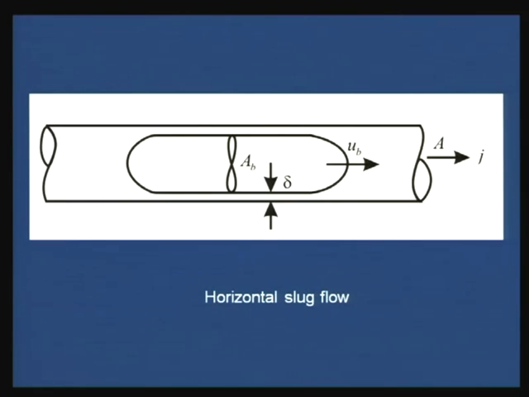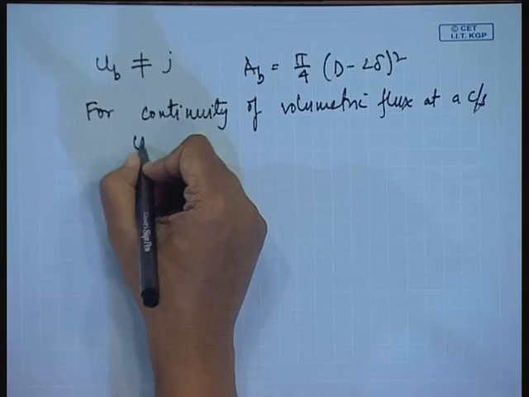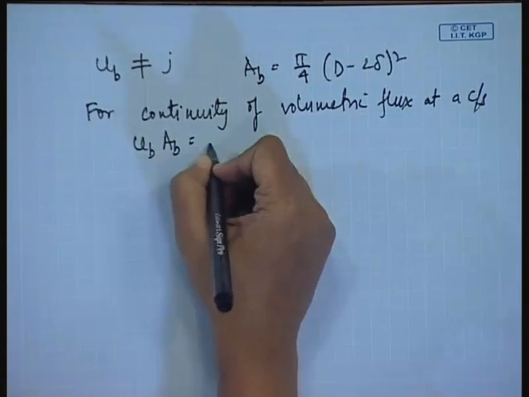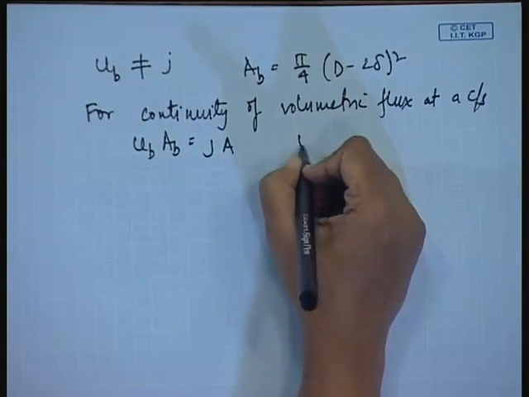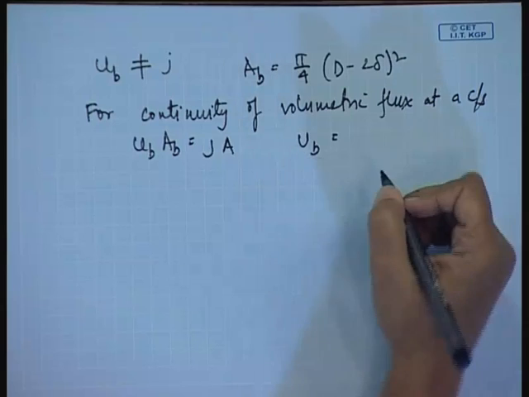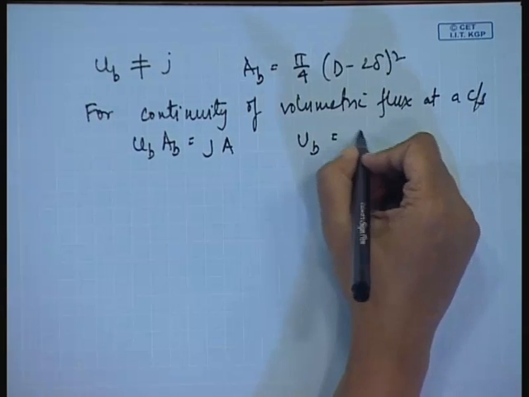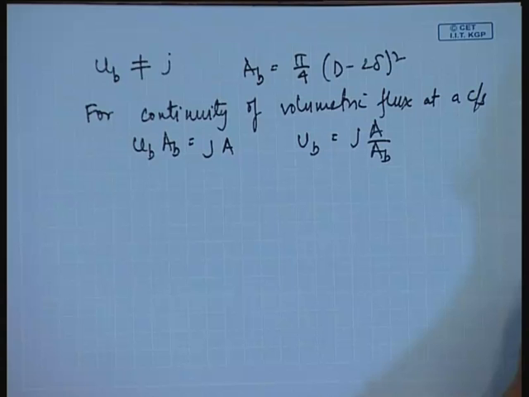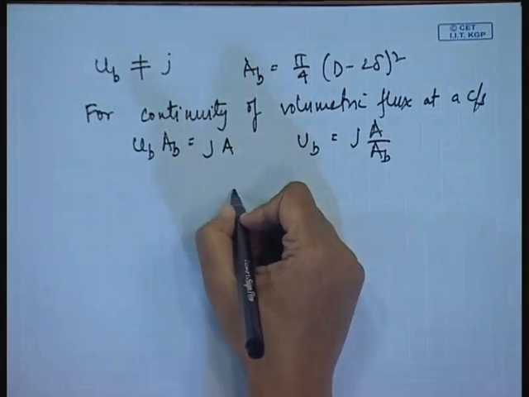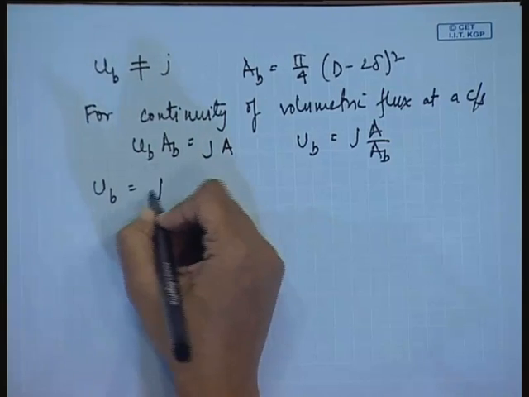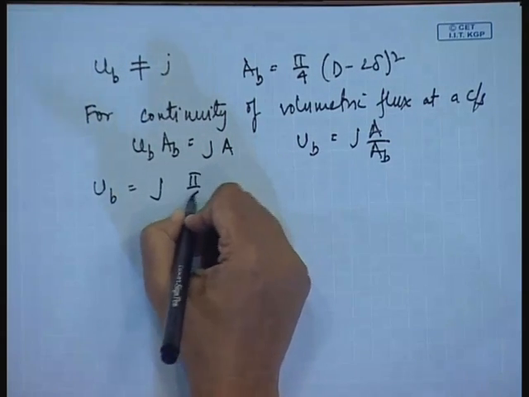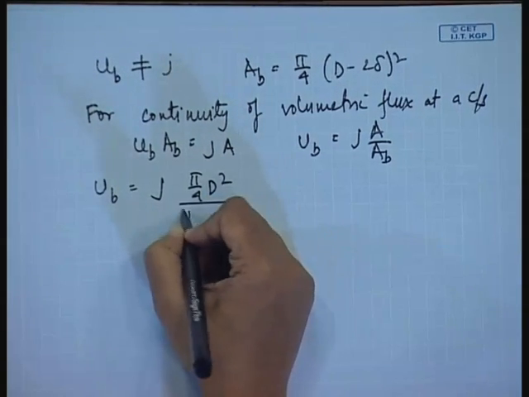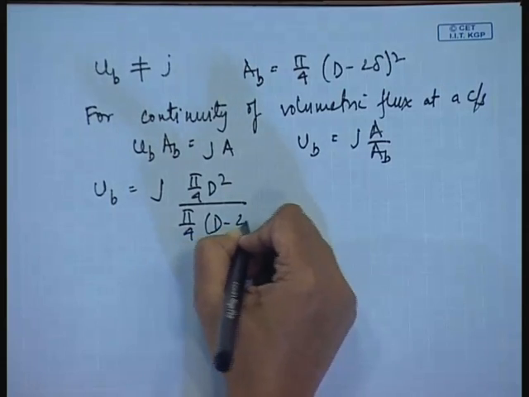So, from this what do we get? We get UBAB equal to J into A. Or in other words, we need to find out UB, isn't it? So, this UB can be written as J into A by AB. Wherever you do not understand, you tell me to repeat it. Or in other words, this can be written as J into pi by 4 d square by pi by 4 d minus 2 delta whole square.